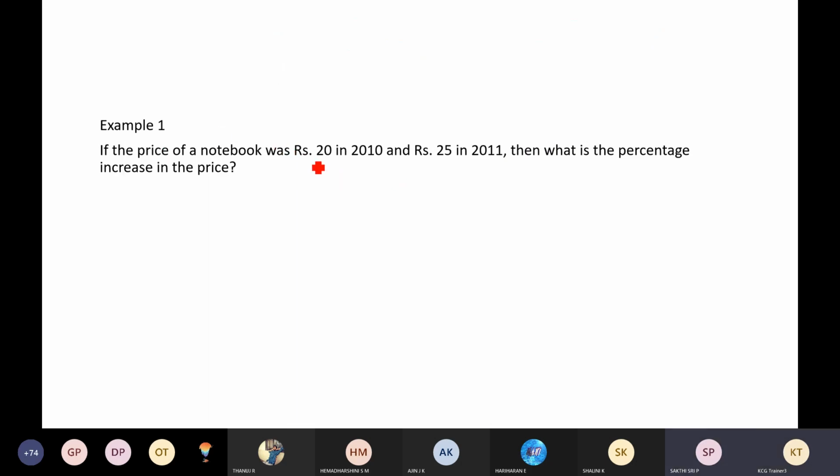If the price of a notebook was 20 in 2010, listen carefully. In 2010, the cost of the notebook was rupees 20, whereas in 2011, the cost of the book got increased to rupees 25. So obviously there is an increase. They're asking us to find out the percentage increase.